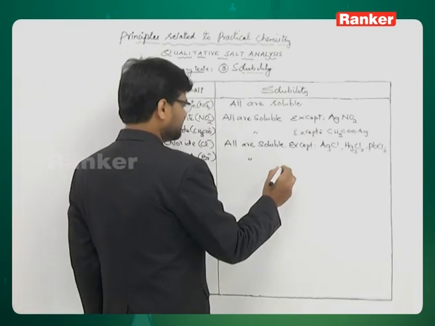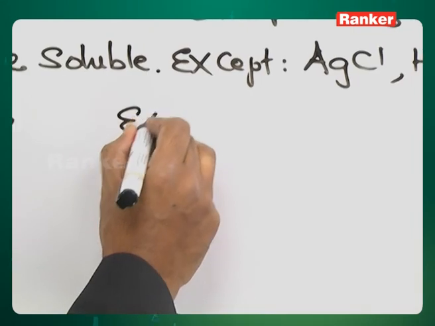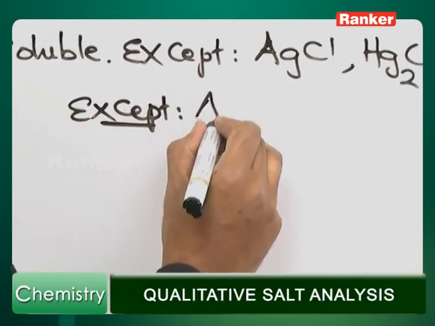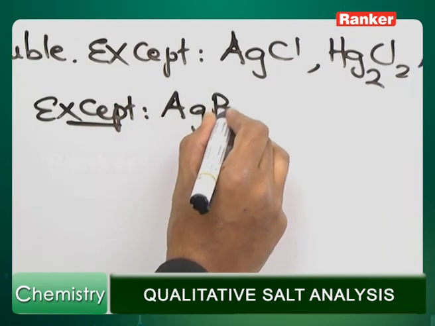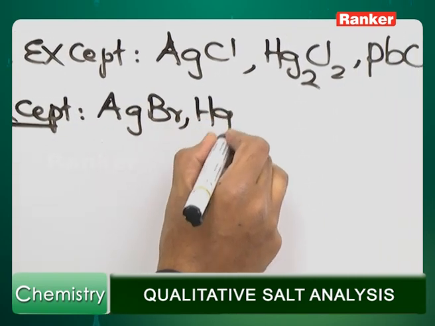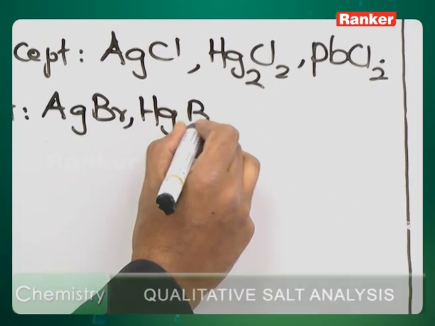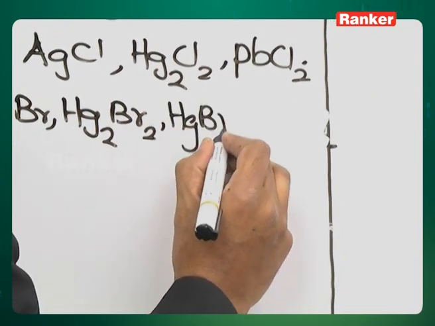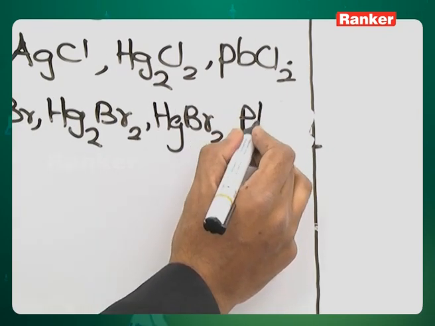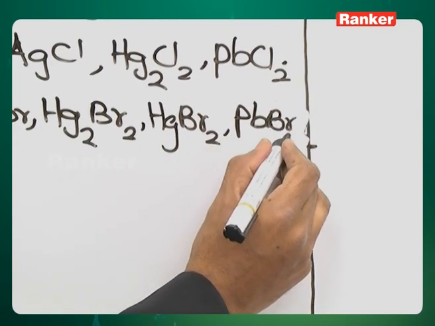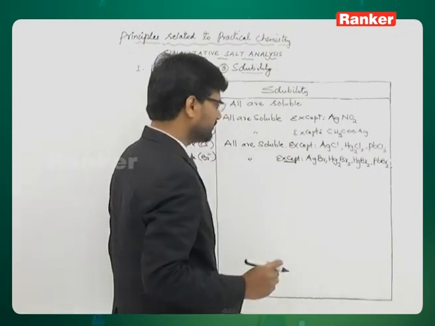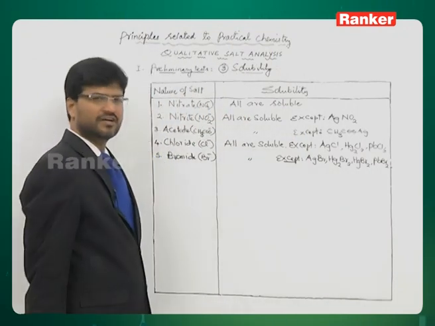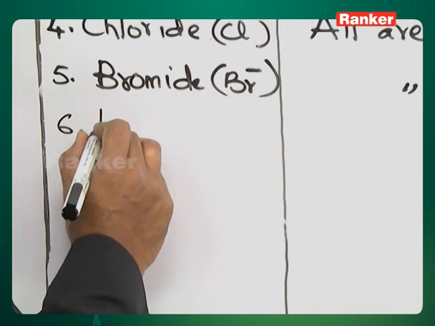All are soluble except AgBr, Hg2Br2, these are the 4 bromides which are insoluble. All other bromides are soluble in water.